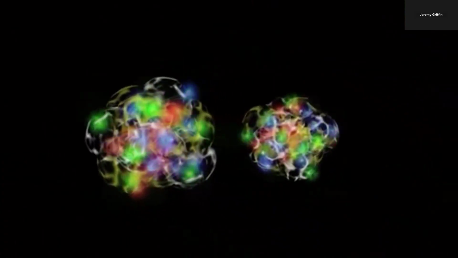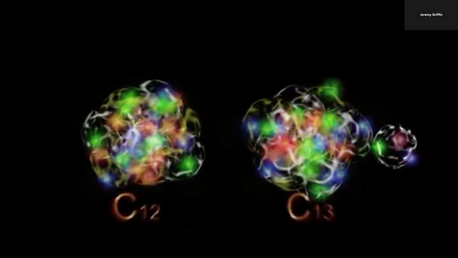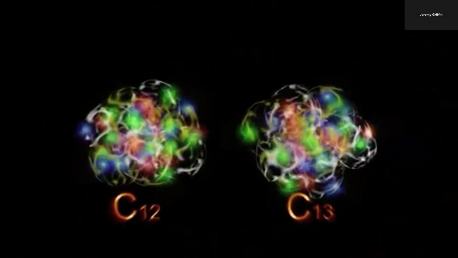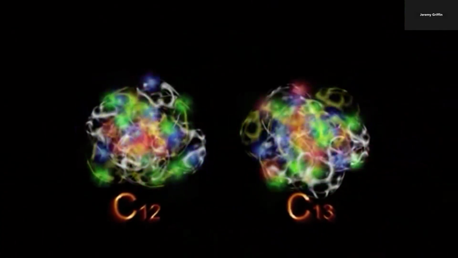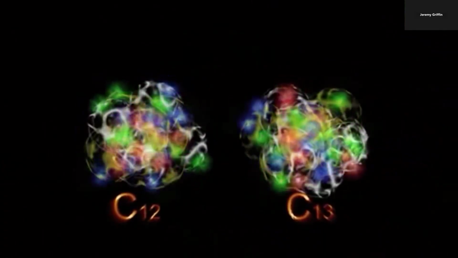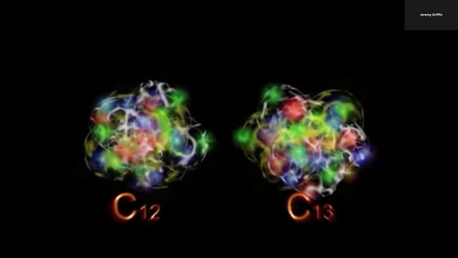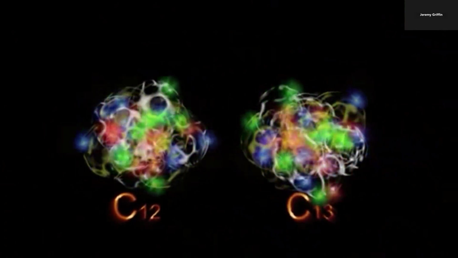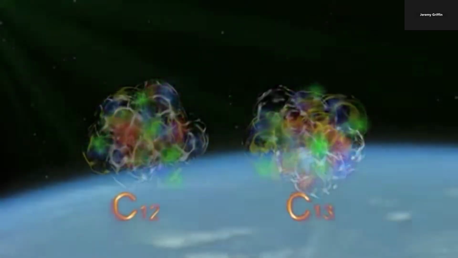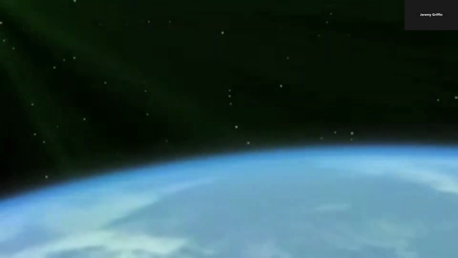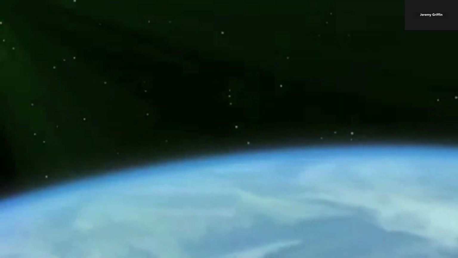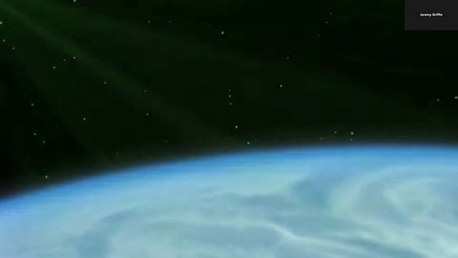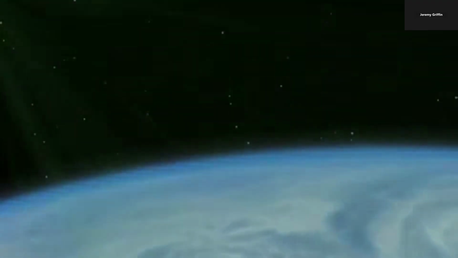But about 1 carbon atom out of every 100 has 1 extra neutron. This has very little effect on the properties of the carbon other than making it slightly heavier. Chemically, it acts just like any other carbon atom. It is called carbon-13. And there's an even rarer type of carbon. It is formed high in the atmosphere when cosmic rays strike atoms of nitrogen, converting them into carbon-14.